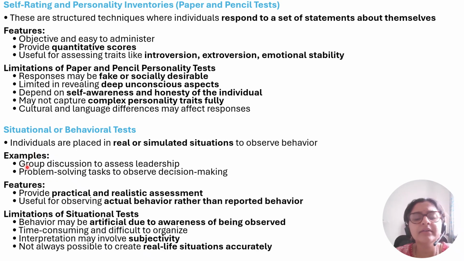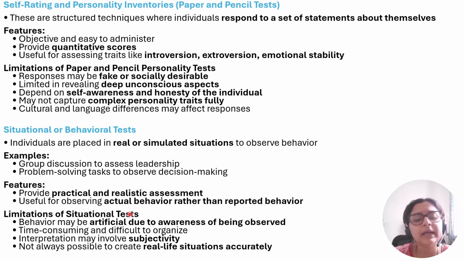Then another technique is the situational or behavior test. In this, the individuals are placed in real or simulated situations to observe their behavior. Examples are group discussions and problem solving tasks to observe decision making. What are some of the features?